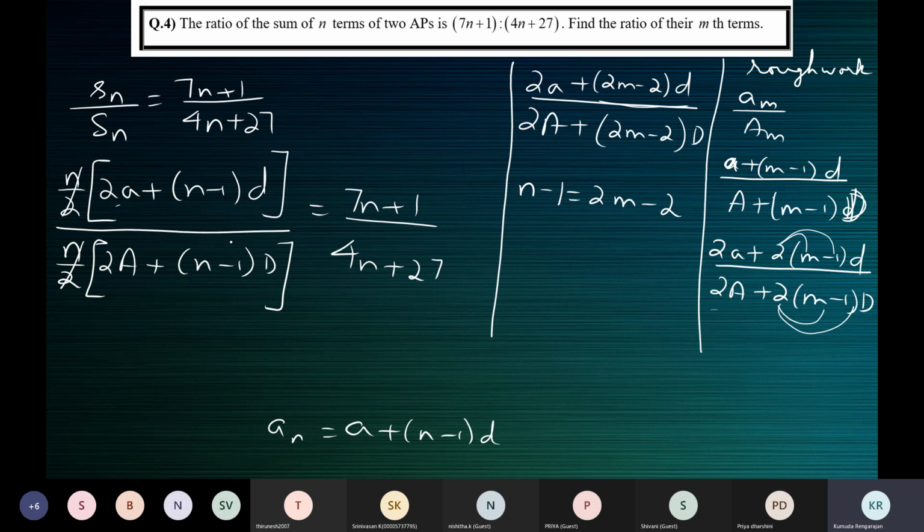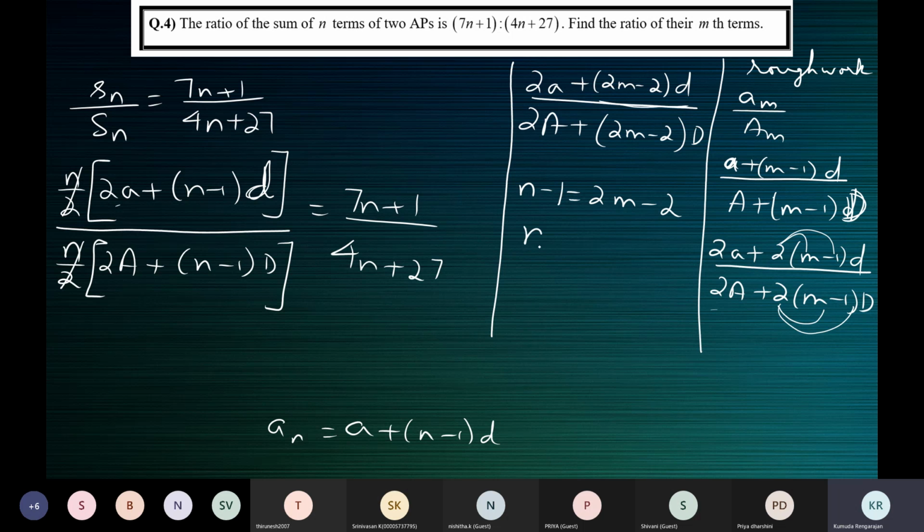So we are finding an equivalent expression. Equate the coefficients. N minus 1 is the coefficient of D here, and 2m minus 2 is the coefficient of D there. Whether you compare the d's in the numerator or the denominator, you will get the same thing.